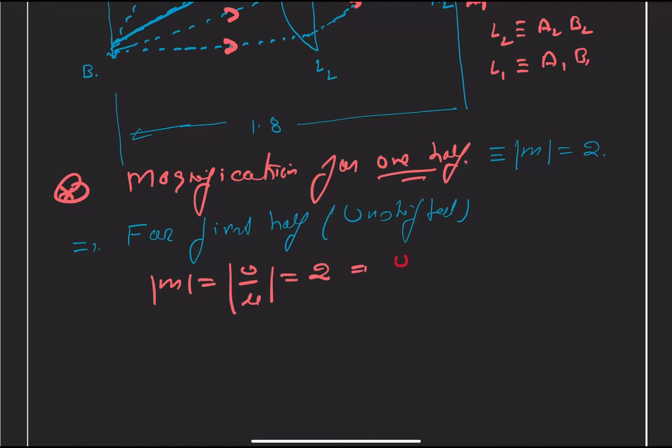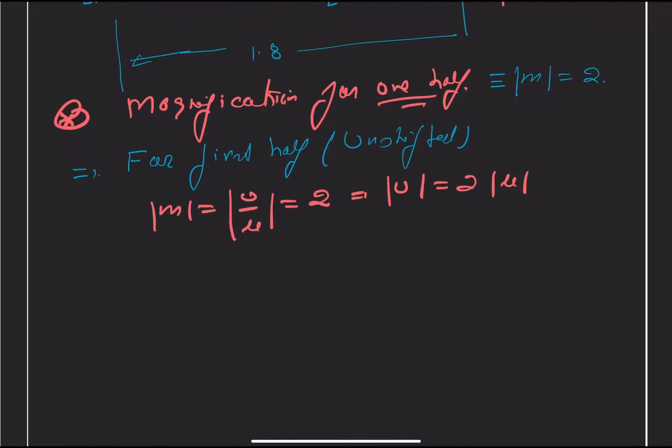So we can say that our V will be equal to twice of U, and let us assume that this U is our X. Because the object is lying on the left, this will be coming as minus X, and this gives us that our V will be equal to plus 2x.